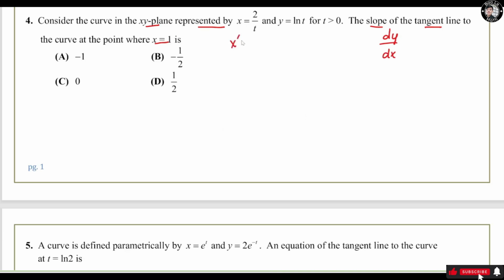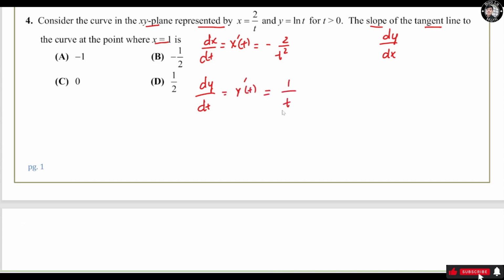So x prime of t is the same thing as dx over dt, right? So it's going to be negative 2 over t squared, right? And dy over dt, actually y prime of t, right? So it could be 1 over t.